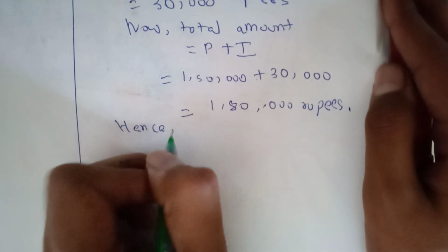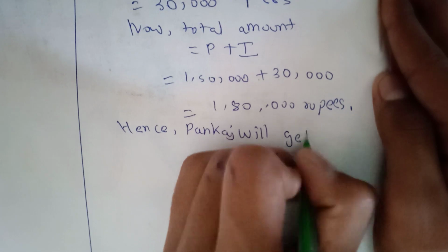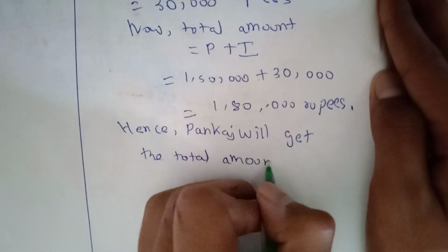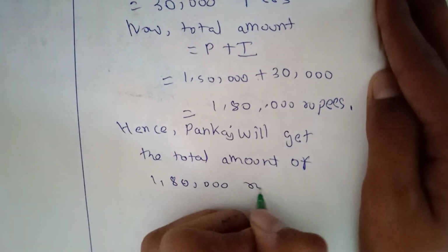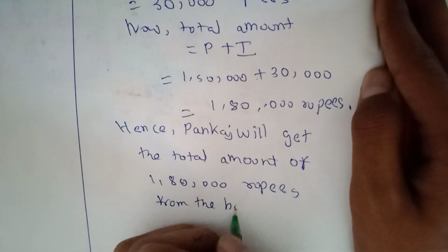Hence you will write the final statement. Pankaj will get the total amount of 1,80,000 rupees from the bank.